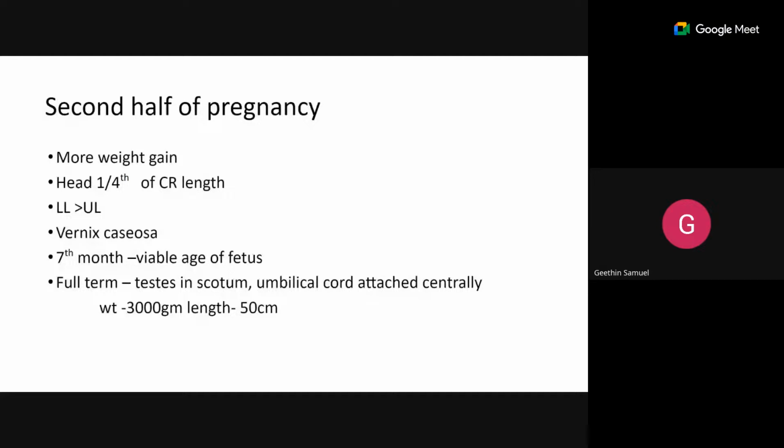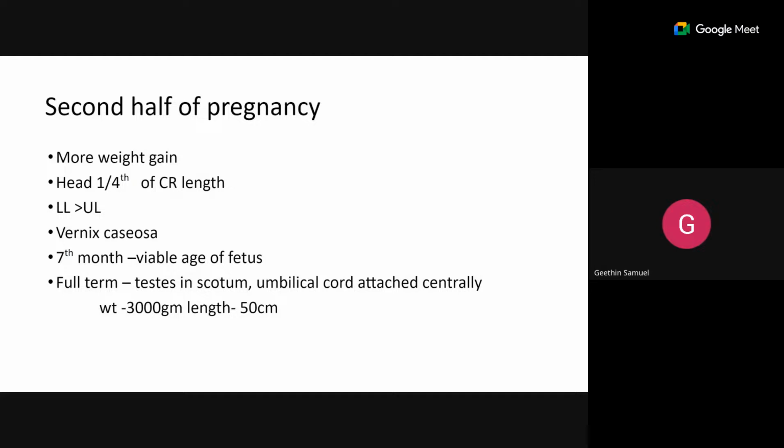Then the normal weight of a newborn baby is 2,500 gram to 4,000, so an average of 3,000. If it is less than 2,500, it is underweight. And the normal length of a full-term baby is 50 centimeters.